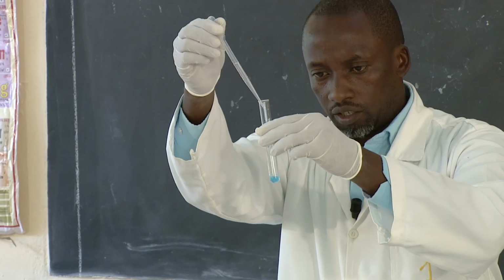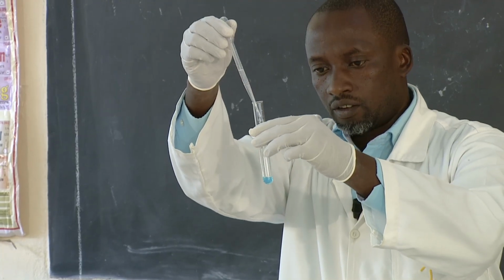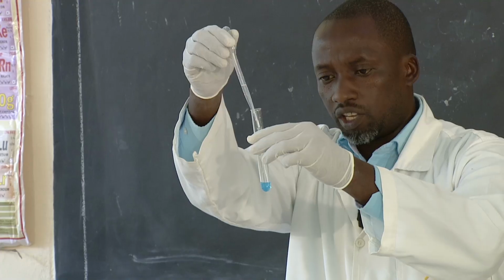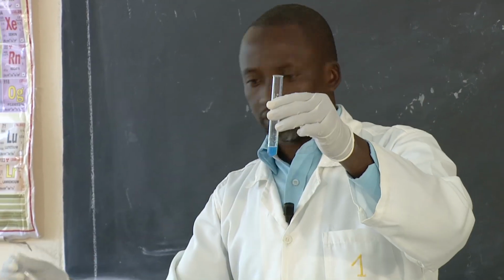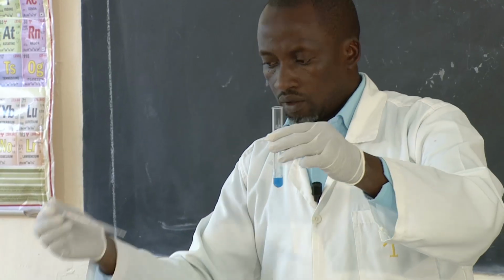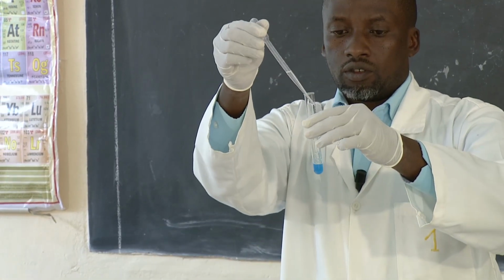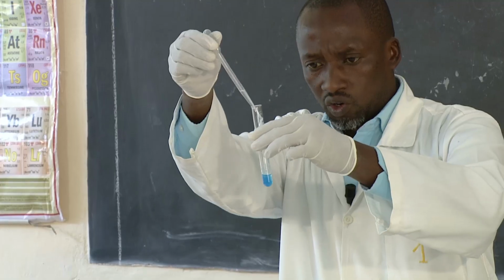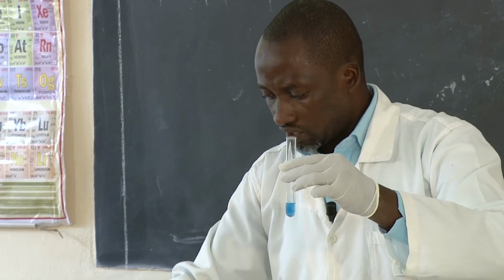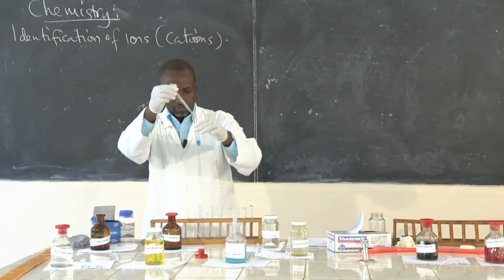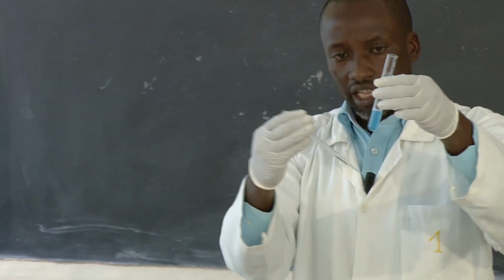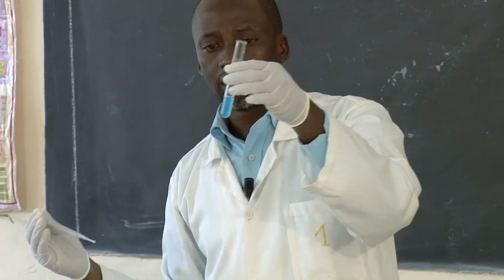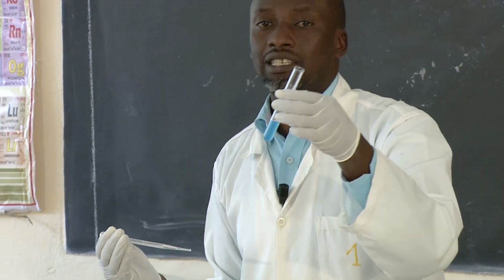There is a precipitate which is coming. This precipitate looks jellied, so it is jelly-like, and that's why sometimes it is called gelatinous. So we have to put in excess and shake a bit. The purpose of shaking is to see whether the precipitate disappears or persists.